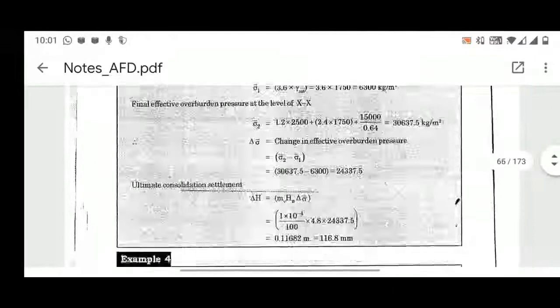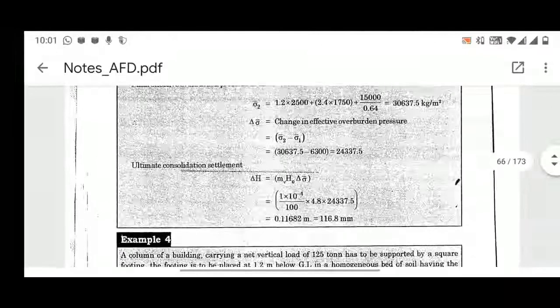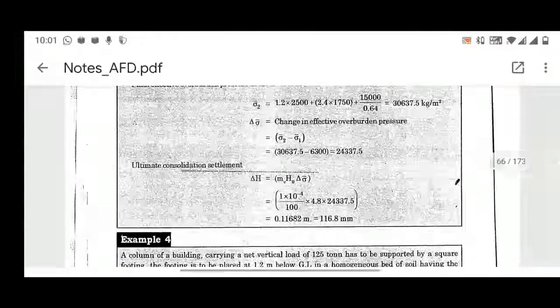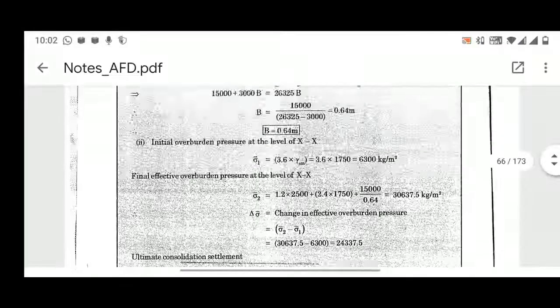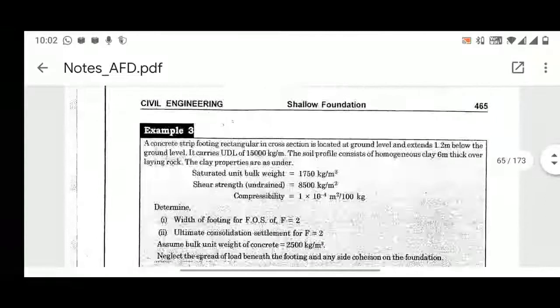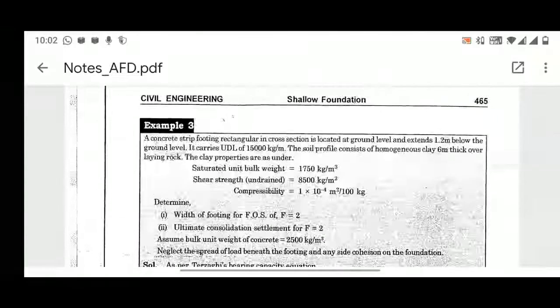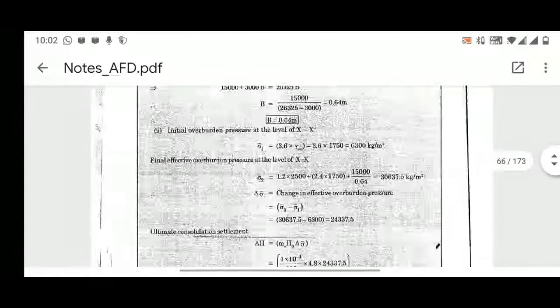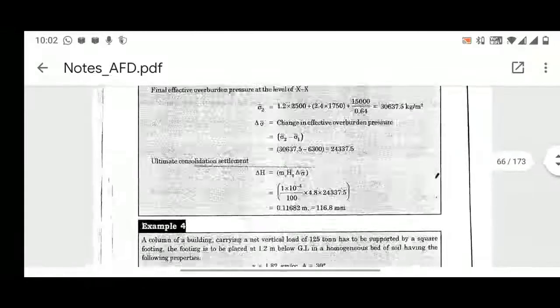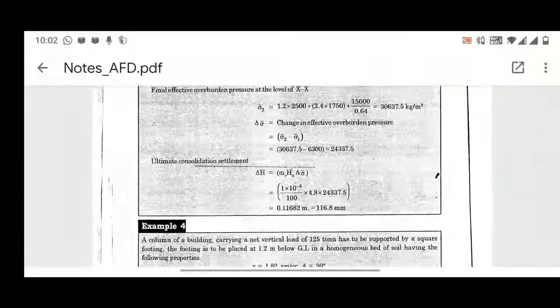Now we know this formula from consolidation theory. In order to find the ultimate consolidation settlement, we have the formula delta H equals mv H naught delta sigma bar. Here mv is the coefficient of volume compressibility that is given in the question. Is mv given or not? Okay, it is given as 1 into 10 power minus 4 divided by 100. We use it the way it has been provided in the question, multiplied by H naught.